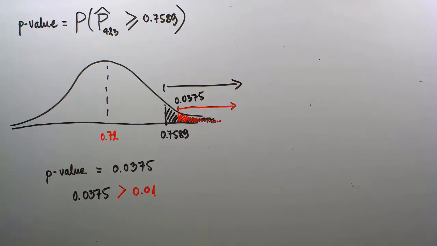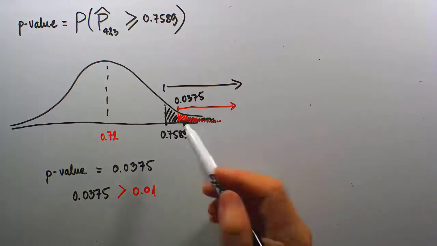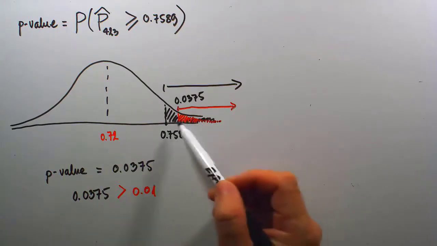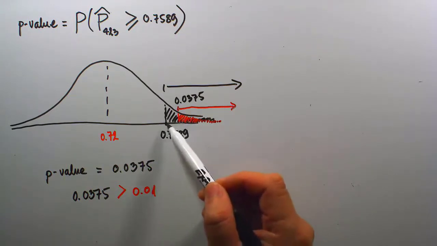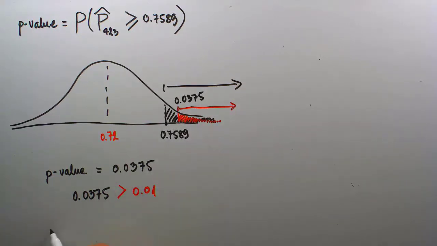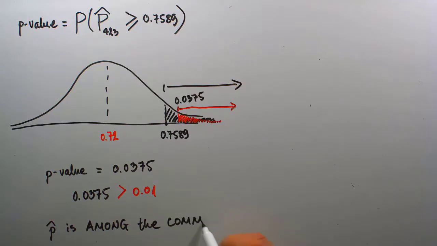So that means, and notice how the black shaded area is exceeding the red shaded area, our sample, this picture right here, is now clearly showing that our sample is or must be among the common values.